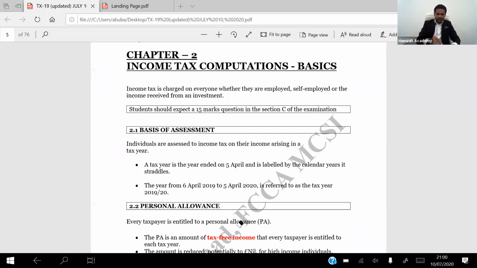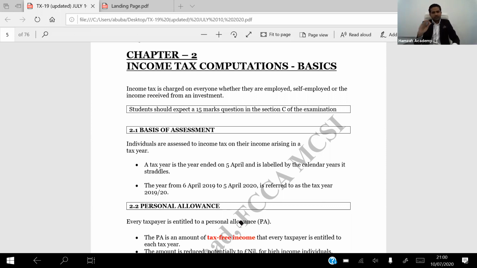Now we are going towards our chapter 2, which is actually, in my opinion, the first chapter, income tax computations, the basics. As we discussed before, income tax is levied on anyone who is employed or self-employed, as far as the person is an individual. It's not an entity. It's not a federation, fund, charity, or anything.